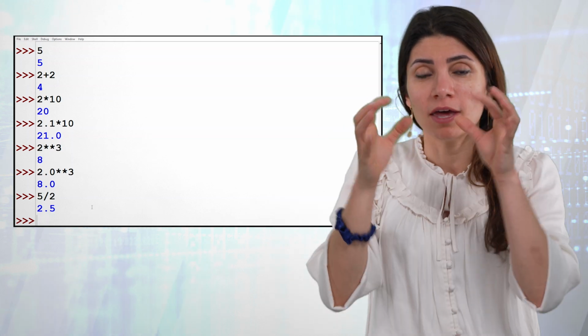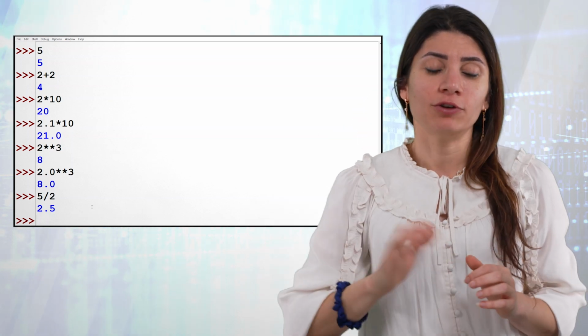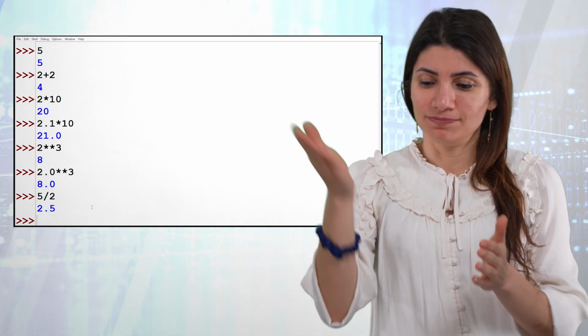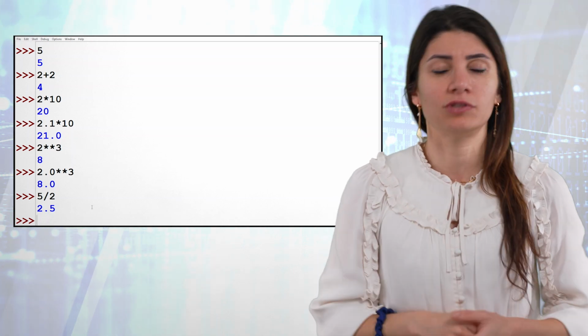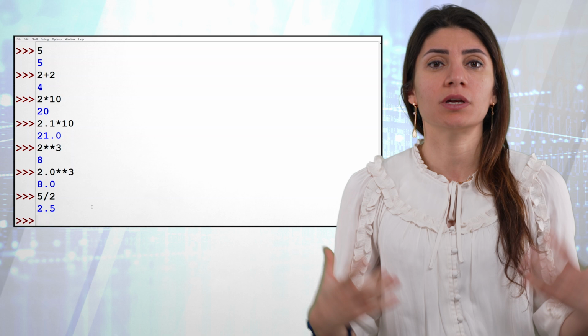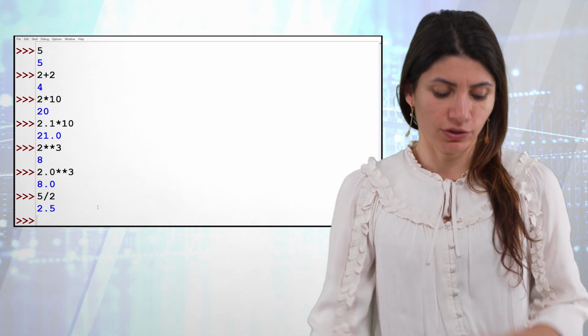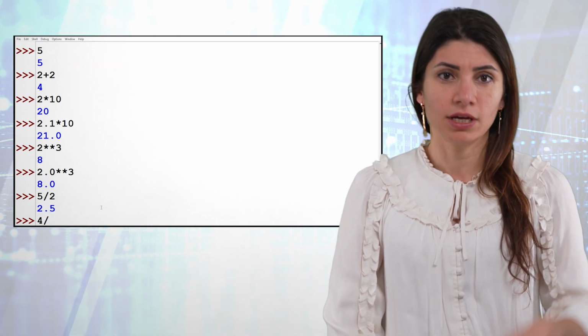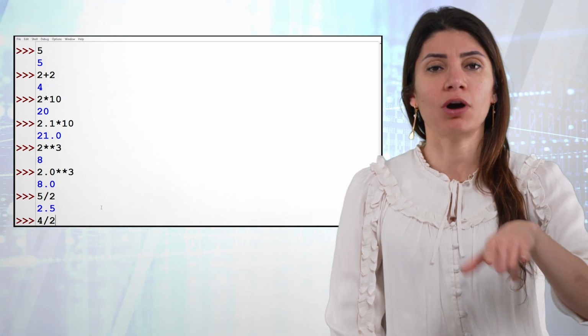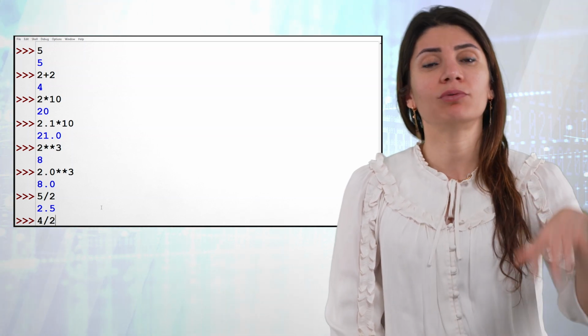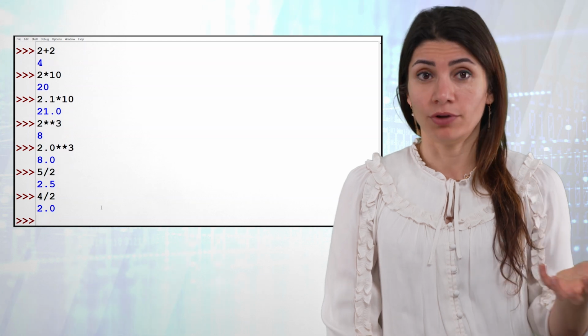It's going to keep the entire information. For that reason, they define division as an operator that always gives you a float type, because they want it to give you as much information as possible and not take away any information from you. So even if you have two operands that are type integer and the result is a whole number, it's going to keep it a float type, okay?